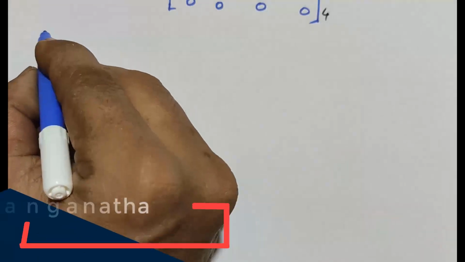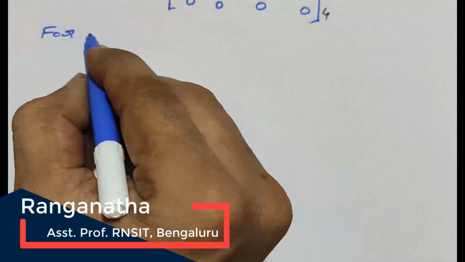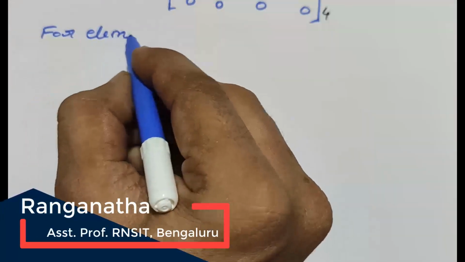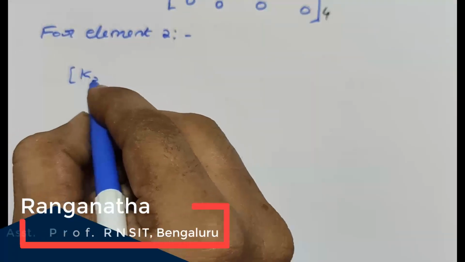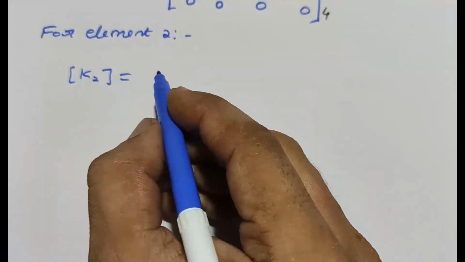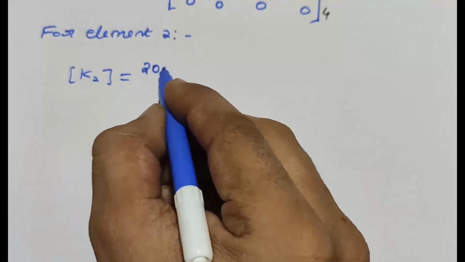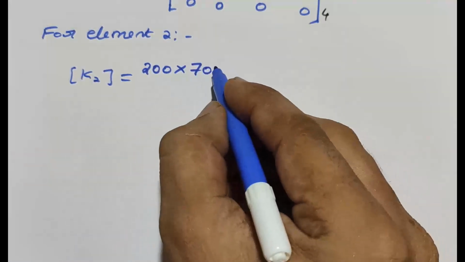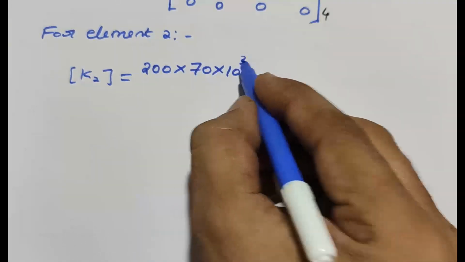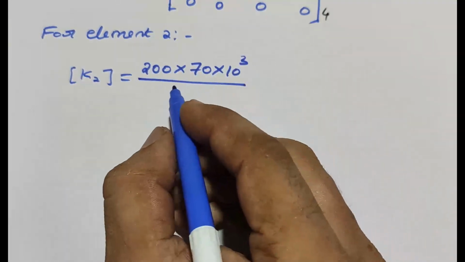Next, for element 2, K2 is area, it is 200, into Young's modulus 70 into 10 power 3, length is again 500.